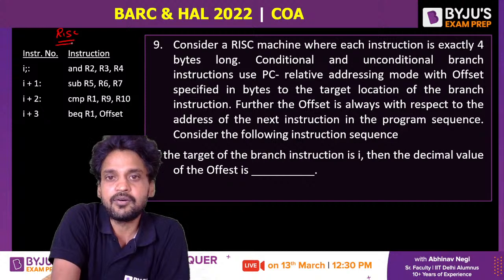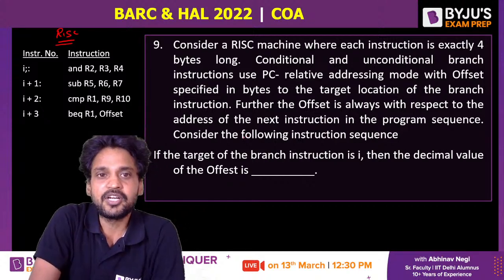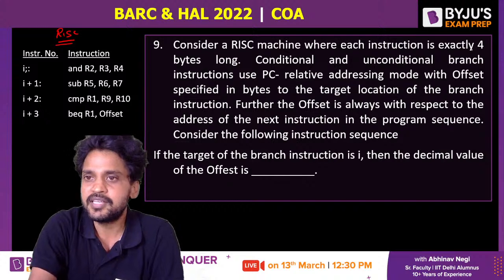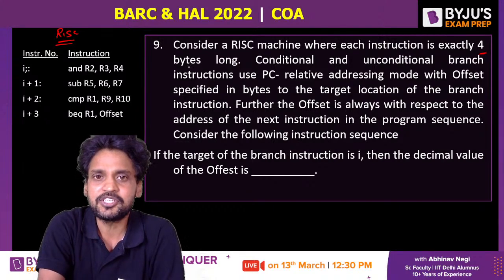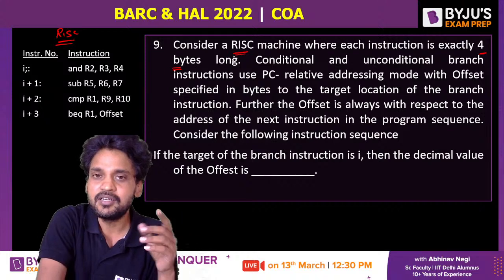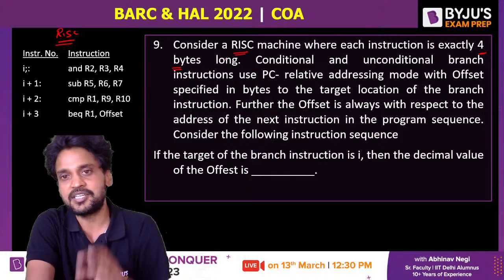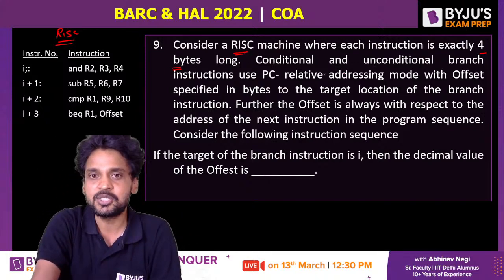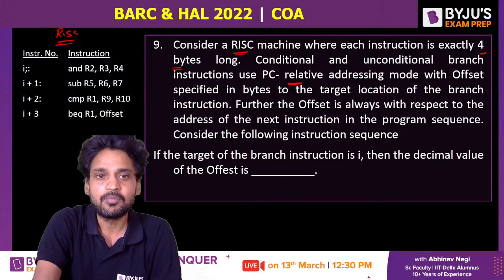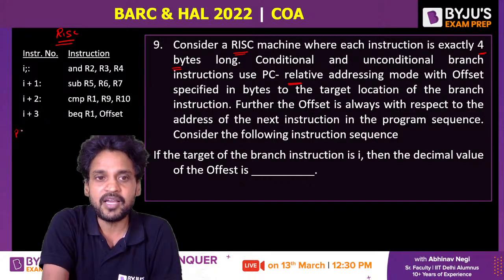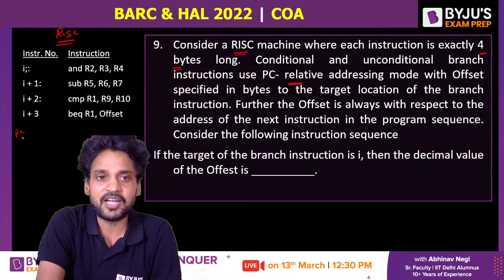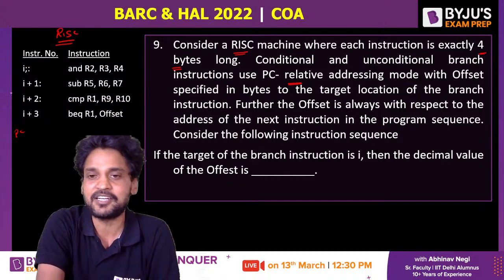Now, in the RISC machine, what is given? There are 4 instructions, exactly 4 bytes long. Each instruction is of 4 bytes. He doesn't need to tell us, RISC machine meaning one instruction size is equal to 32 bits. Conditional and unconditional branch instructions use relative addressing mode. What is relative addressing mode? The program counter value will be added to the offset that is specified in the branch instruction in order to calculate the effective address.